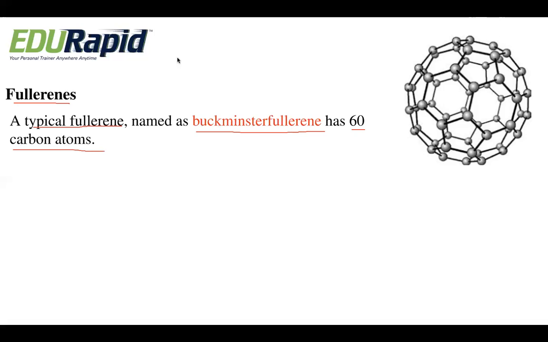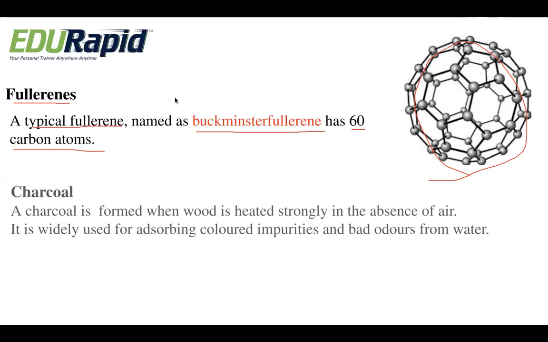At the right side you can see the structure of a fullerene, an allotropic form of carbon. You can see the ball-like structure, which represents the carbon atoms. Each fullerene contains 60 carbon atoms arranged in the form of a ball. So we also call it a Buckyball, and it is named Buckminsterfullerene.